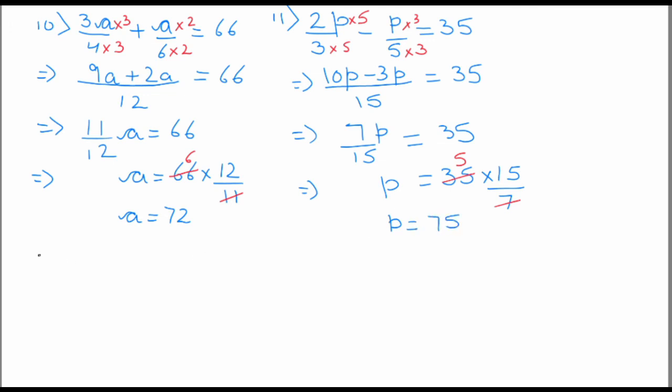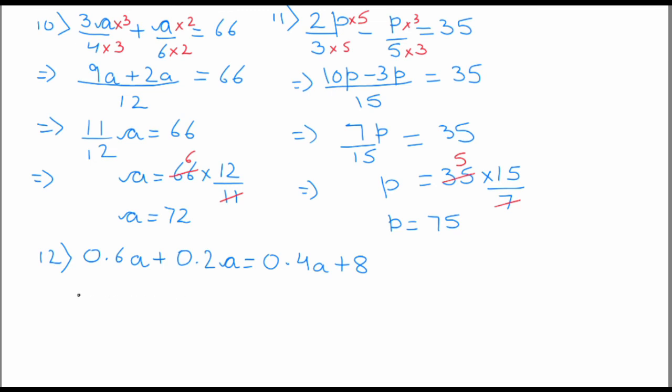Coming to the 12th question. The question is 0.6a plus 0.2a equals 0.4a plus 8.